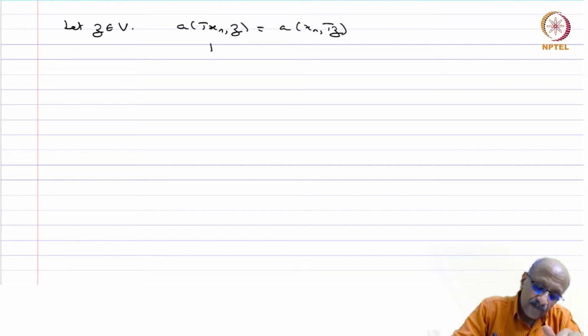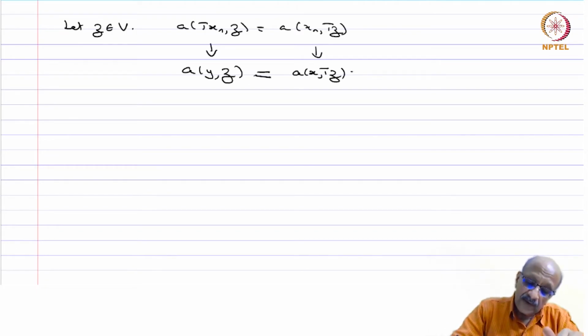T xn goes to y, so this goes to A of y z, and this goes to A of x Tz. So these two are equal, and then this is equal to A of Tx z by the given condition. So you have that A of y minus Tx, z equal to 0 for all z.